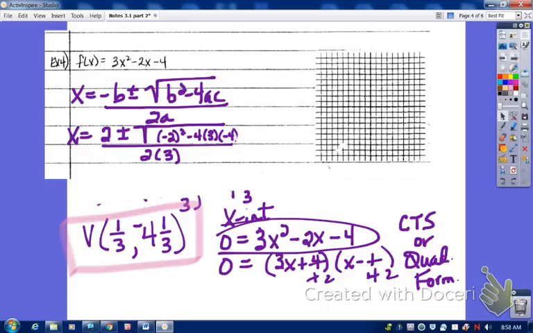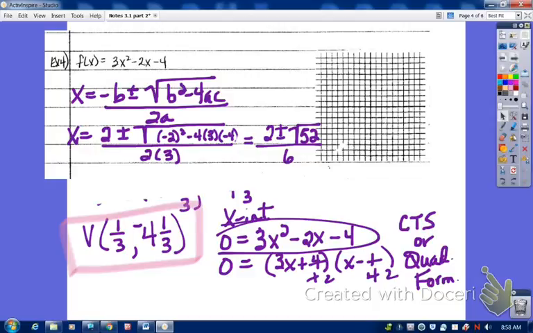Some people are totally lost. 2 plus or minus the square root of, I'm getting 52. You got 52? Okay. A lot of people, if they miss the quadratic formula, it's because they don't get the discriminant right. It's 52. If you're not getting 52, something is wrong.